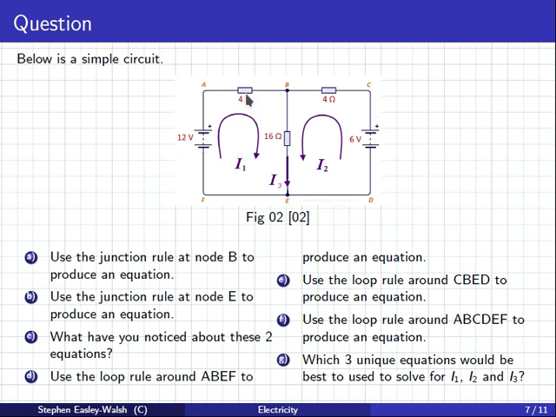Do we start at the 12, the 4, or the 16? You don't remember my tips from last week? What was my tip? Start at the battery. So, if you can write this down, you start at 12.